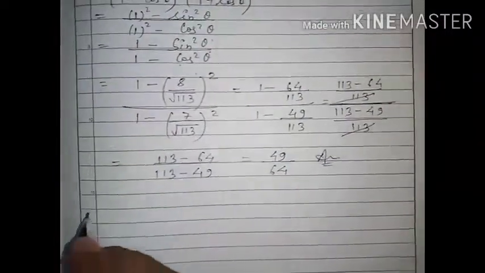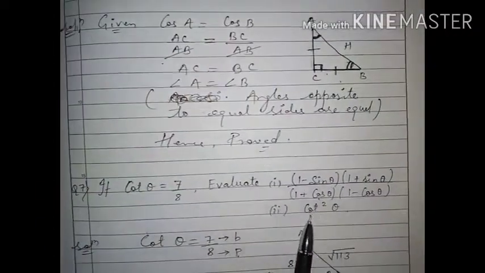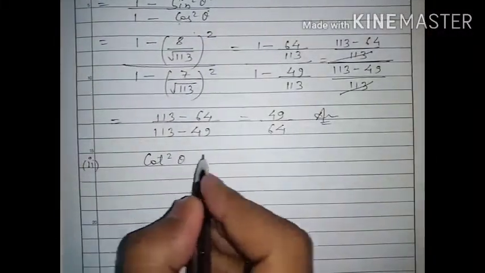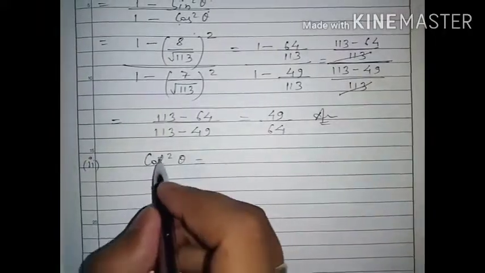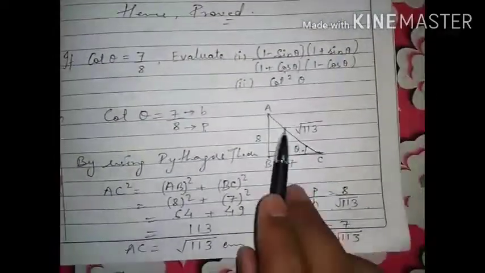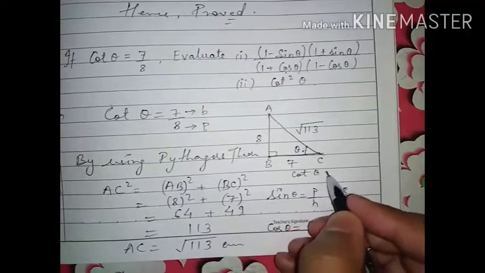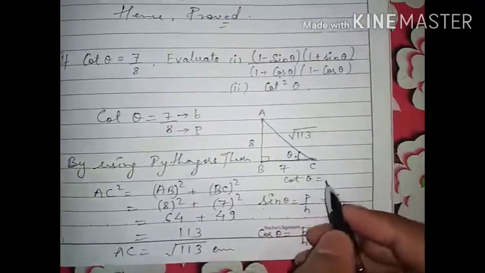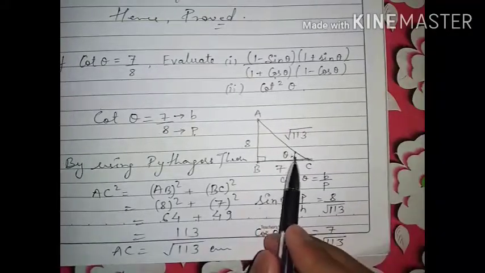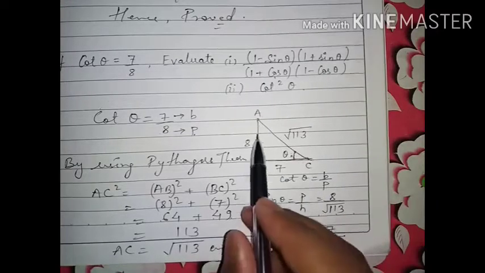Okay, so this is the first one, and the second one in the question, you have to find the cot square theta. So from this figure we can easily find out the cot theta. See, cot theta is always B by P. With respect to this angle theta, B is BC and P is AB.